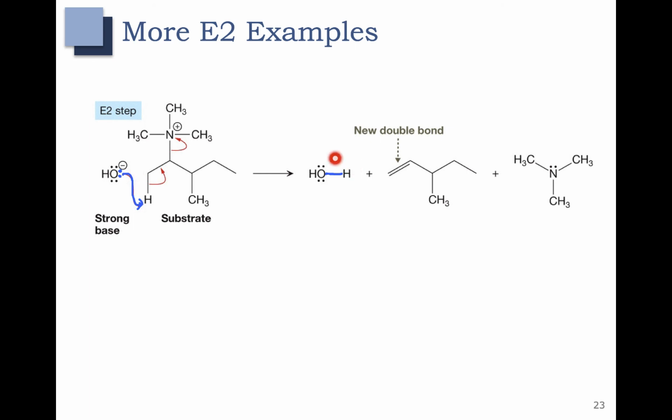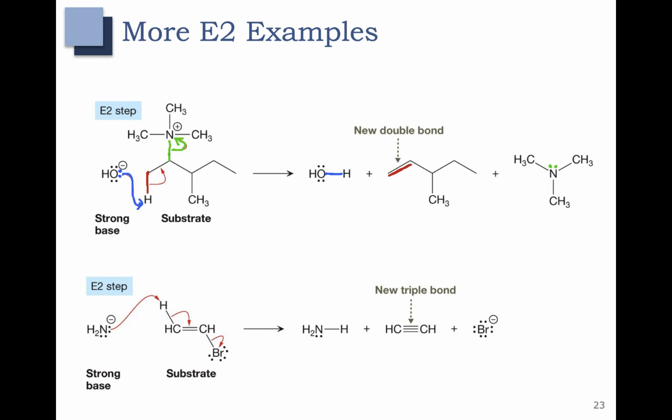The carbon-hydrogen bond becomes the new pi bond. The carbon-nitrogen bond becomes a lone pair on the nitrogen.